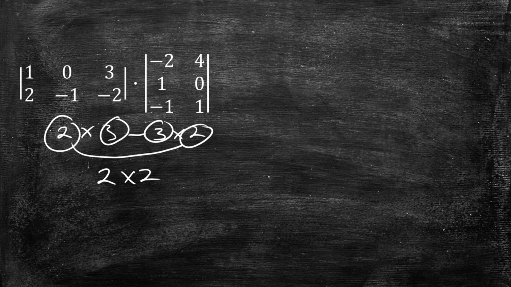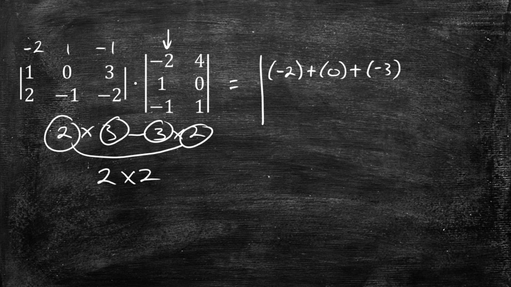All right, so we're going to take the first column here and plop it over our first matrix. So we got -2, 1, and -1. Okay, and what we're going to do is go ahead and multiply the numbers and then add them together. So -2 times 1 is -2 plus 0 plus -1 times 3 is -3, like that.